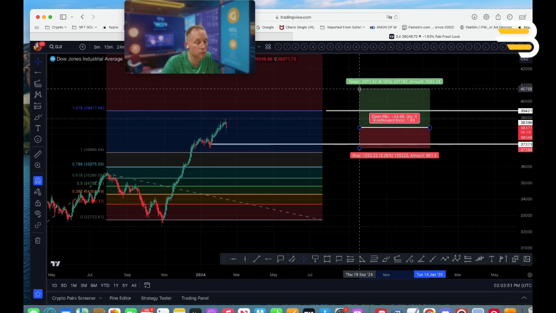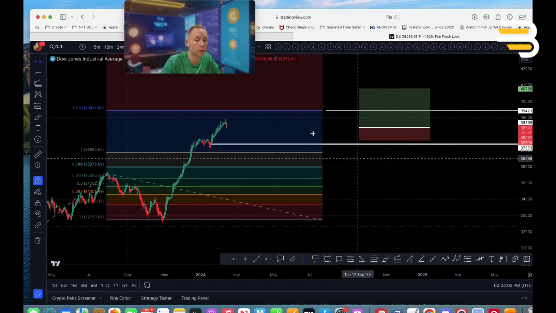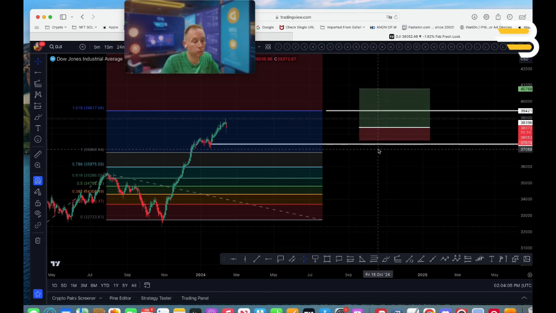That's not what we do, because you'd have to either move your take profit up, or I'd move my stop loss up until I got to a 3-to-1, like so. And why do we not do that?